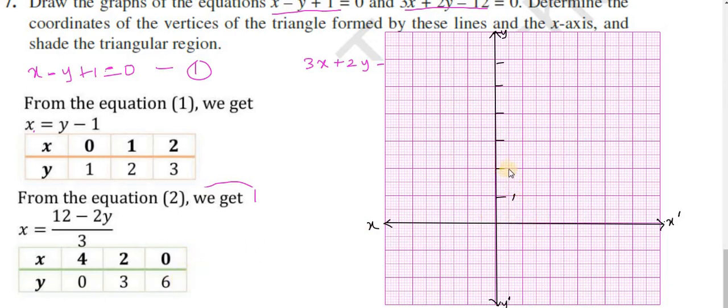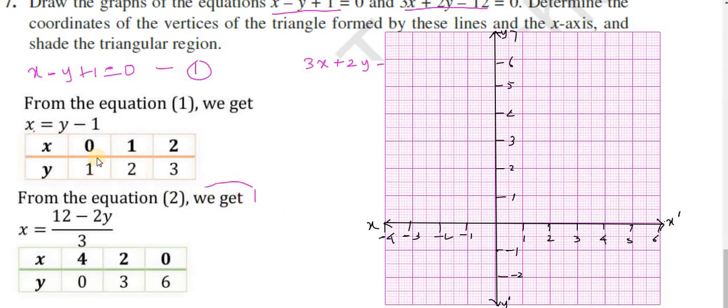So I'll write here 1, 2, 3, 4, 5, 6, 7, and here 1, 2, 3, 4, 5, 6, and here negative 1, negative 2, negative 3, and here negative 4, and here also negative 1, negative 2, negative 3. Okay, now we'll locate the points.